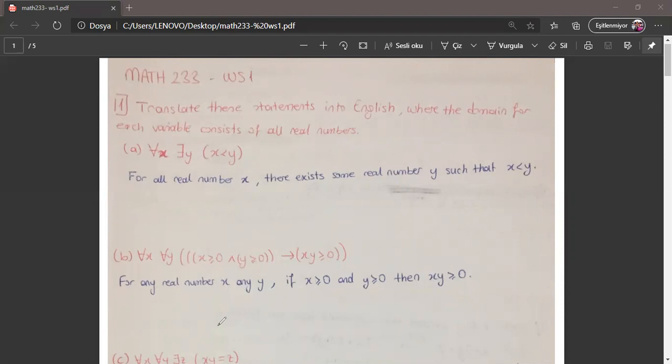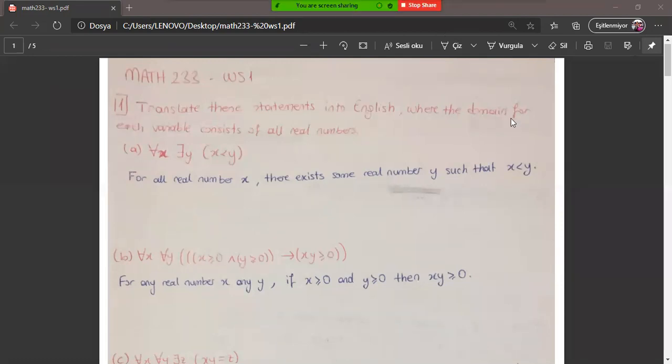We can pick X equals 2 and Y equals, for example, 0. We are able to choose that because we have equality here. Then X times Y, which is 0 obviously, is greater than or equal to 0.